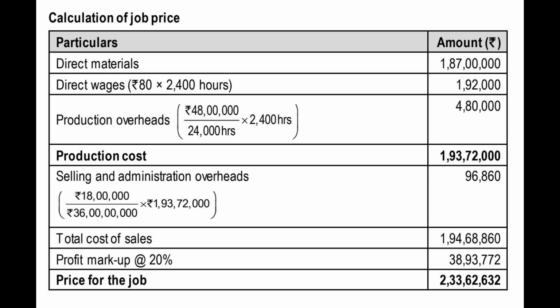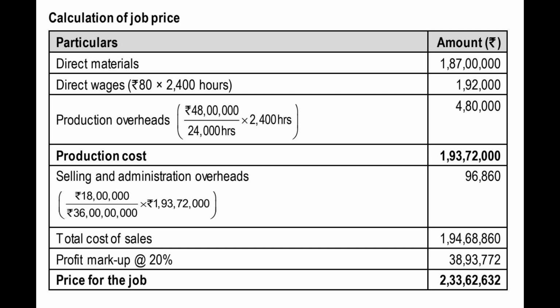Then the production overhead given in the problem. The budgeted production overhead cost is 48 lakhs and the budgeted hours is 24,000 hours. Generally this company budgets production overhead of 48 lakhs for 24,000 hours. But we are utilizing 2,400 hours.